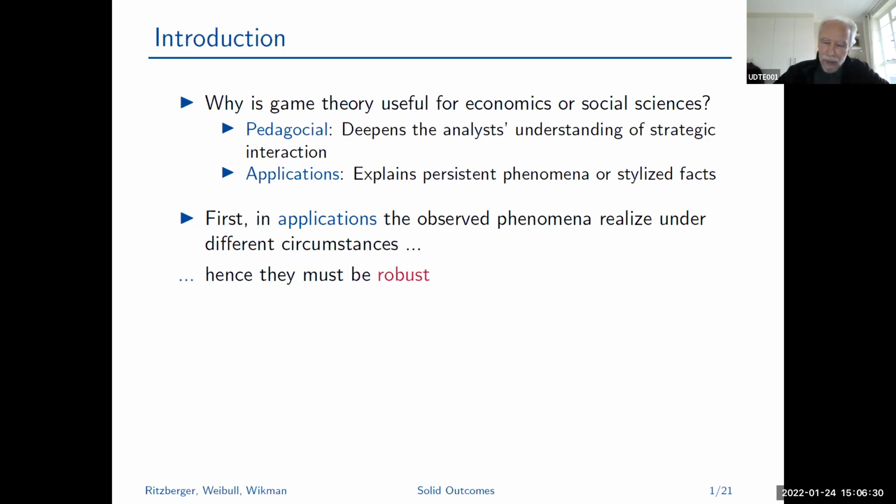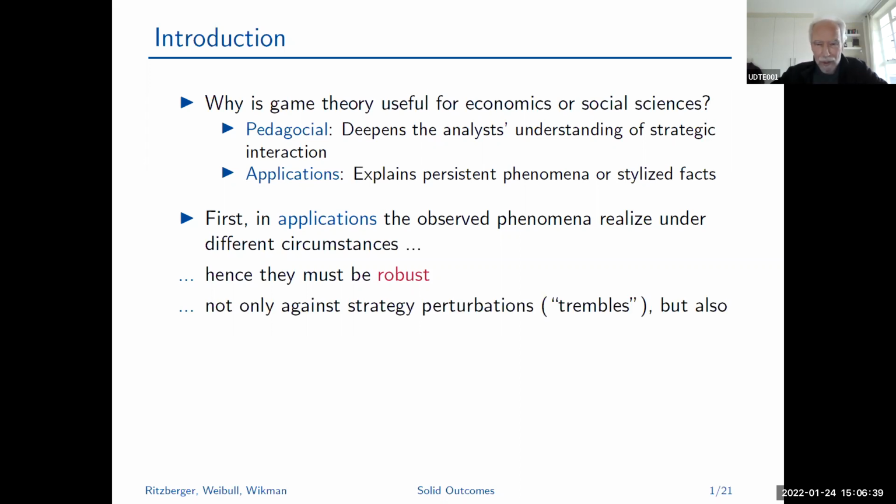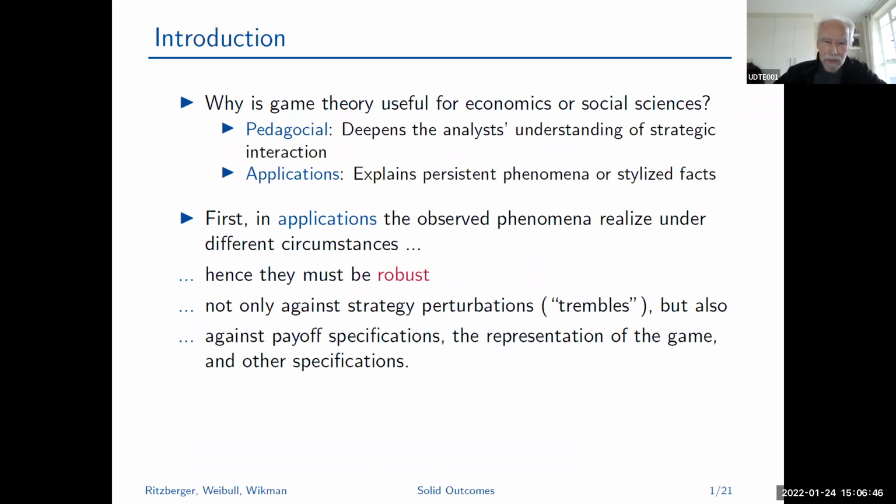So a phenomenon that is well explained by game theory must be robust, not only to the usual strategy perturbations, Selten's trembles, but also against lots of other things: against the payoff specification that we write down as analysts, also against the representation of the game, whether it's an extensive form game or a normal form game, and many other specifications.